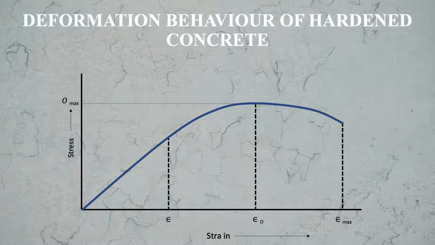On x-axis you see the strain, on y-axis you see the stress, and you see that for a small initial portion, the curve is linear. After that it is a curve shape and going up to a maximum stress sigma max, and after that it is falling.